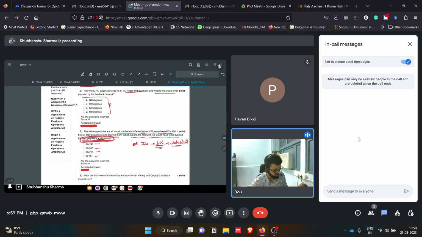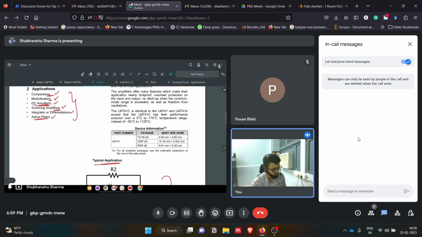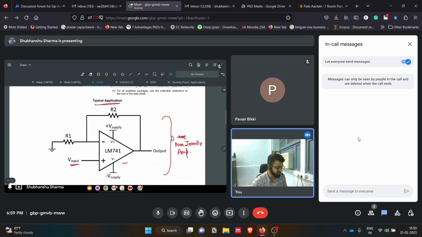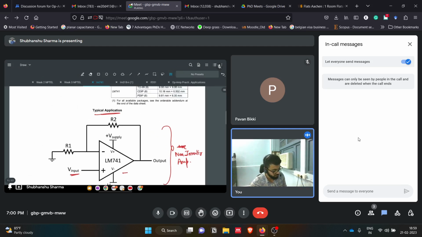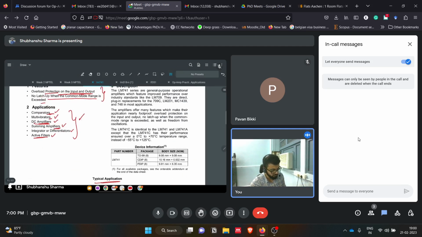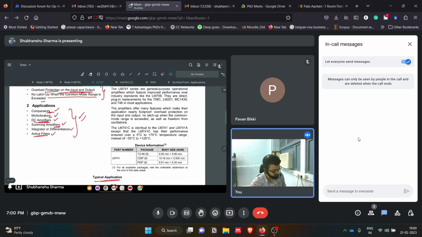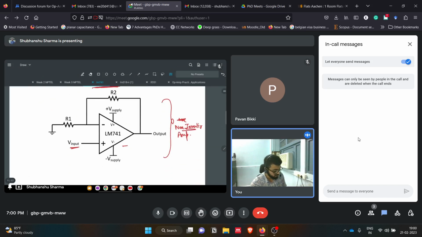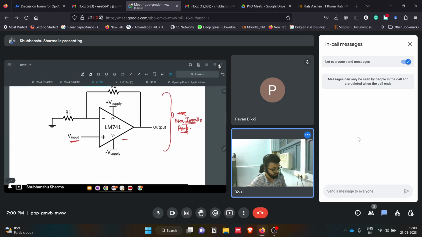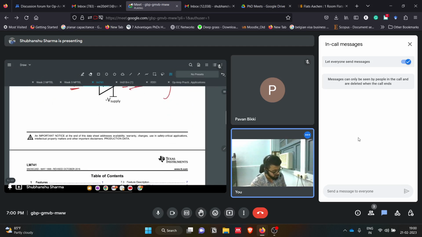But I'm giving you an overview of what this IC is, and what all information is contained in the data sheet of any particular IC. As we saw, there were some applications for this IC, and then they gave some typical applications of where this IC can be used, such as non-inverting amplification.